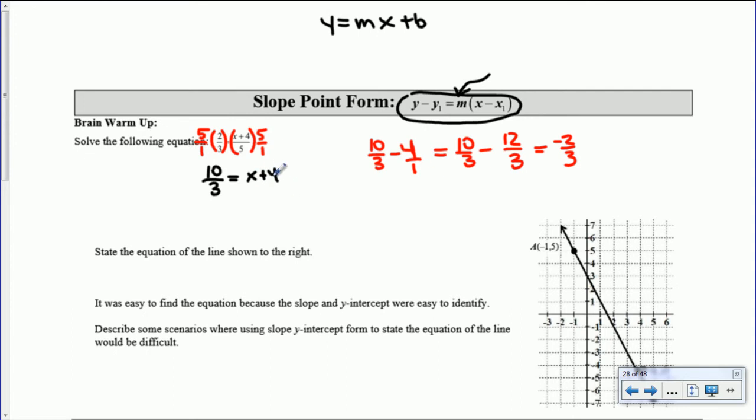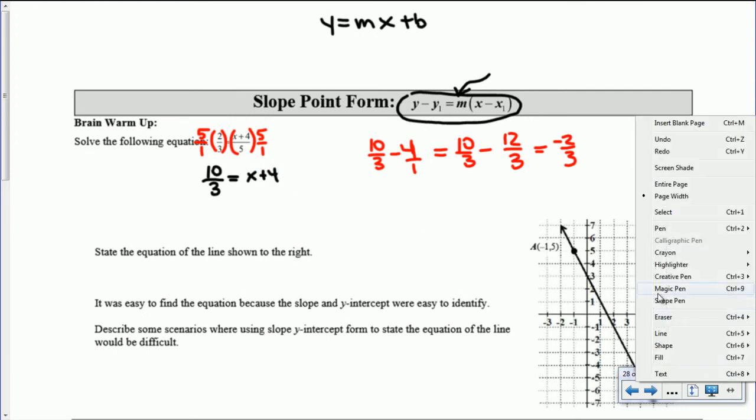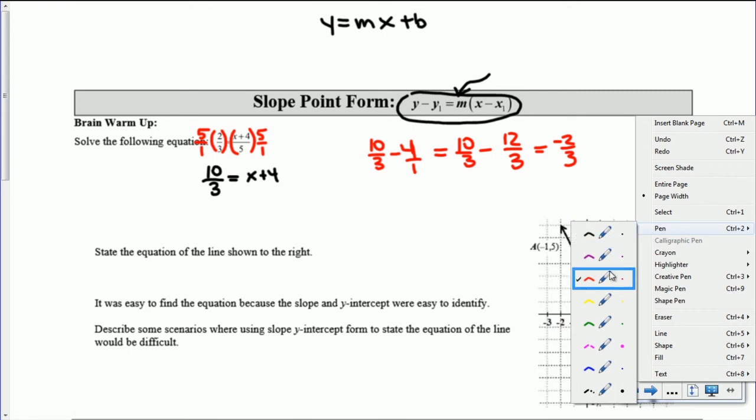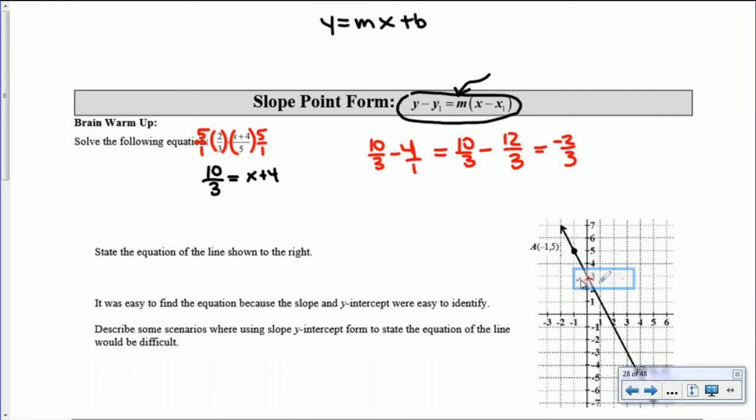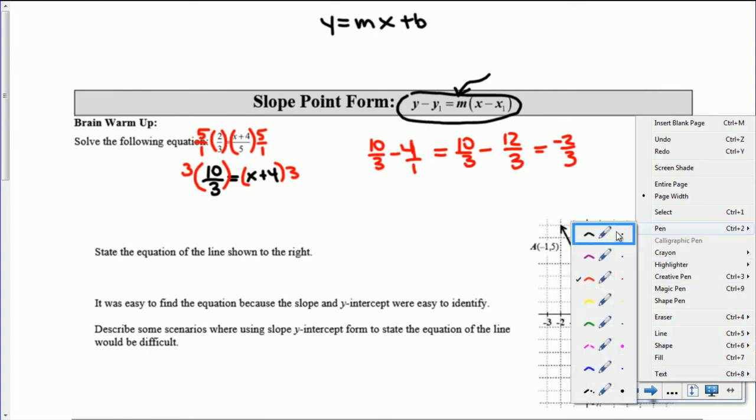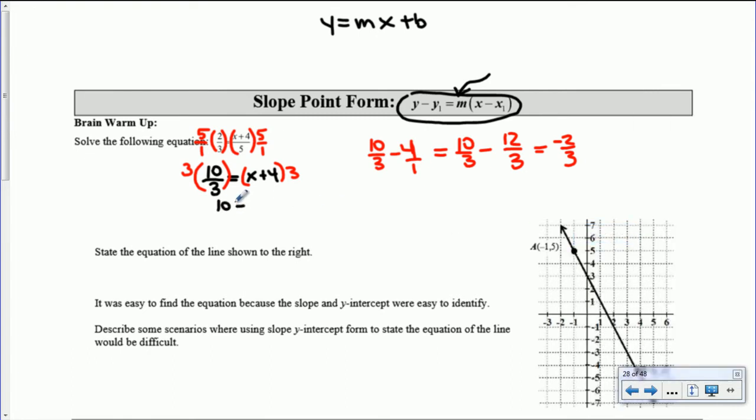So that's one way to do it. You can subtract 4 right away there, or if you prefer, what we could do is instead multiply both sides by 3. Some of you may prefer to do this. 3 times 10 over 3 will just be 10. So we have now 10 equals 3 times (x plus 4). This 3 needs to multiply both the x and the 4, so we'd have 3x plus 12 there.